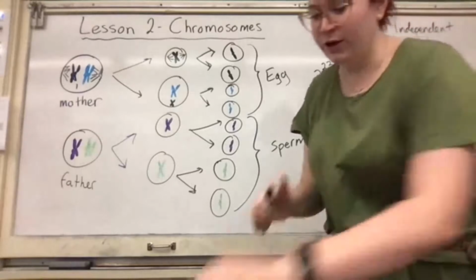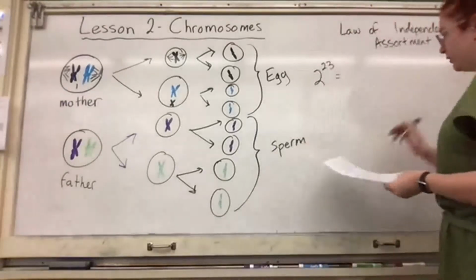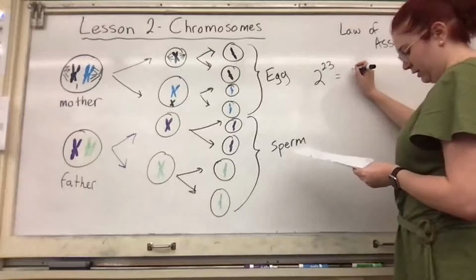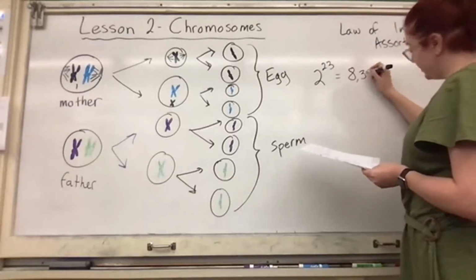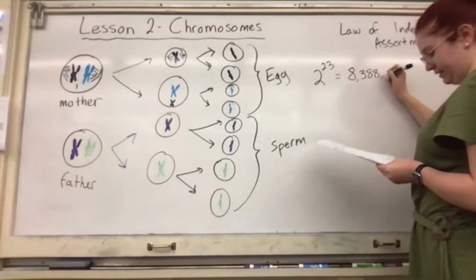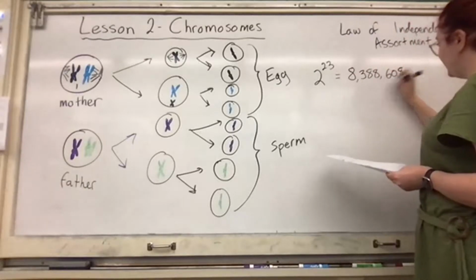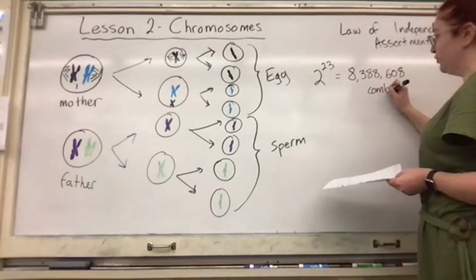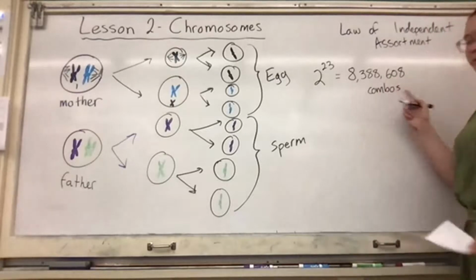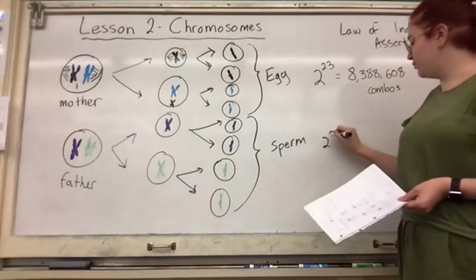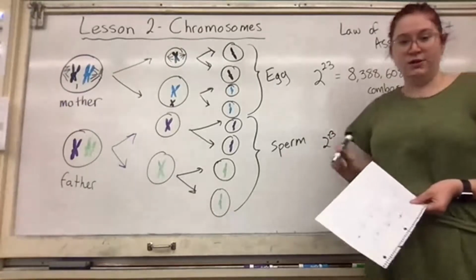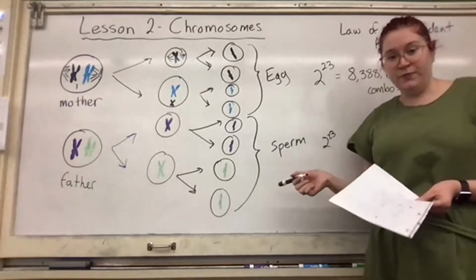There are a total of 8,388,608 different combinations of eggs, and 2 to the power of 23 different combinations of sperm.